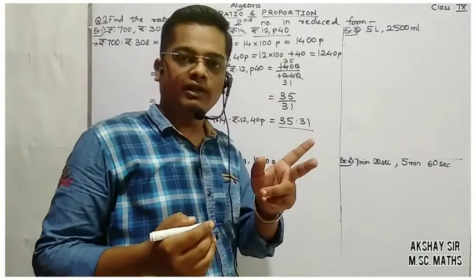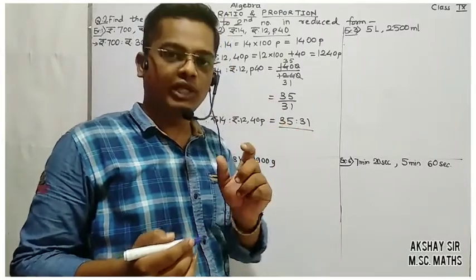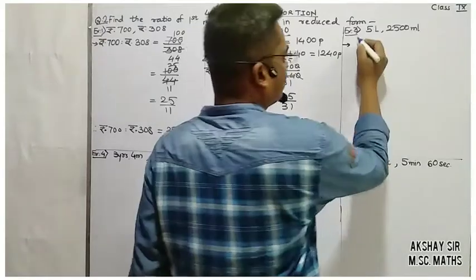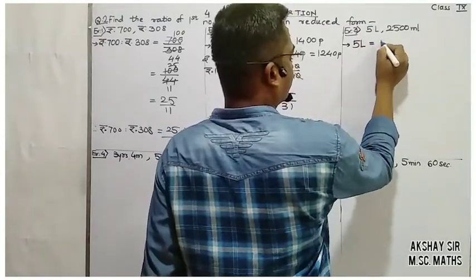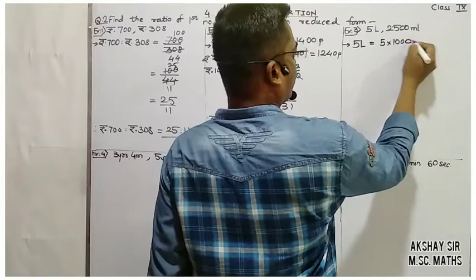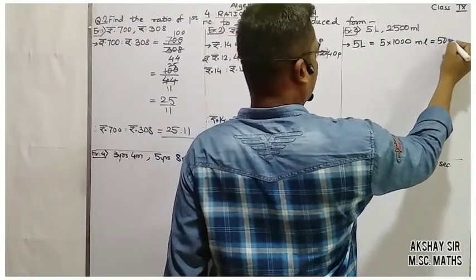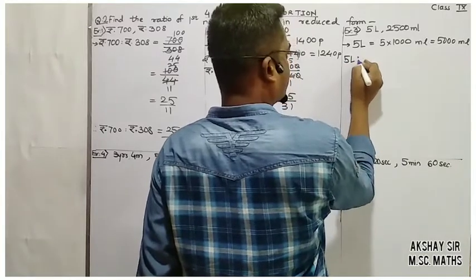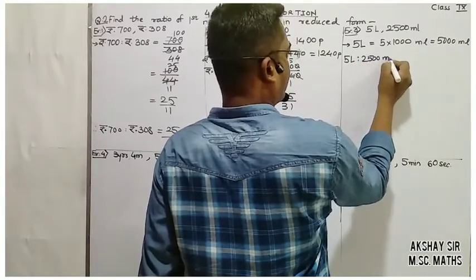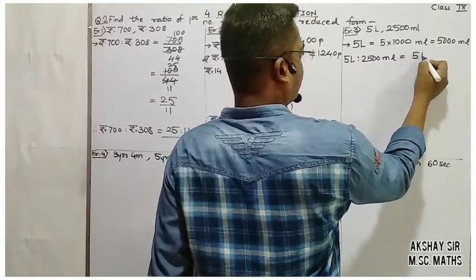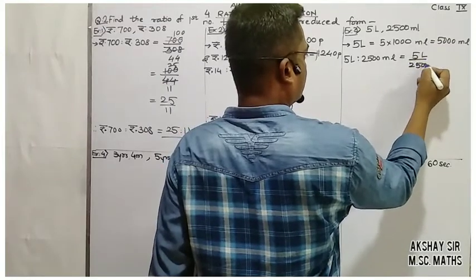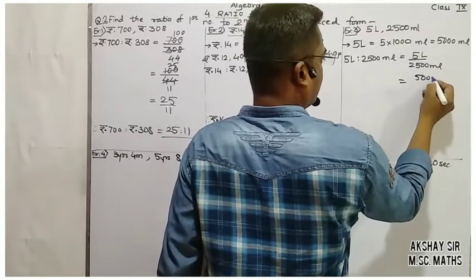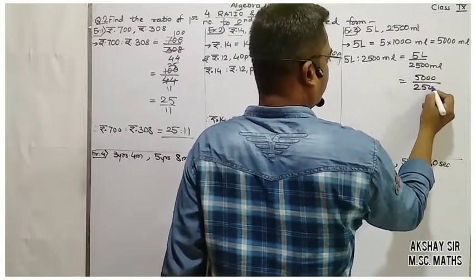So liter और milliliter में छोटा unit कौन सा? It is milliliter. So we'll convert liter into milliliter, and 1 liter is equal to 1000 milliliters. So here 5 liter equals 5 into 1000 ml, which will give you 5000 ml. Now taking the ratio, 5 liter as to 2500 ml is equal to 5000 ml upon 2500.